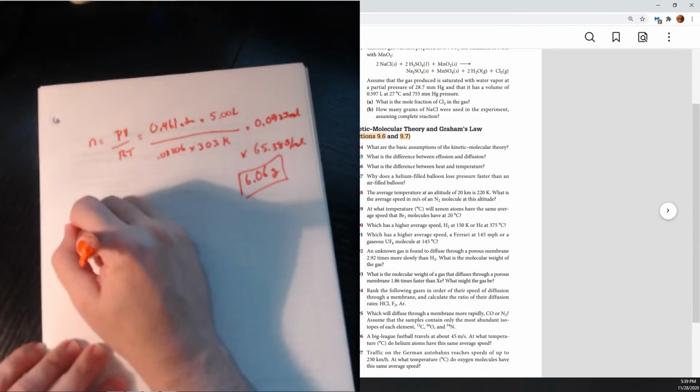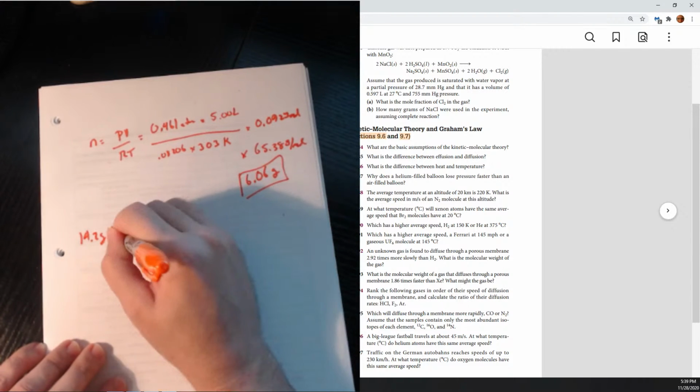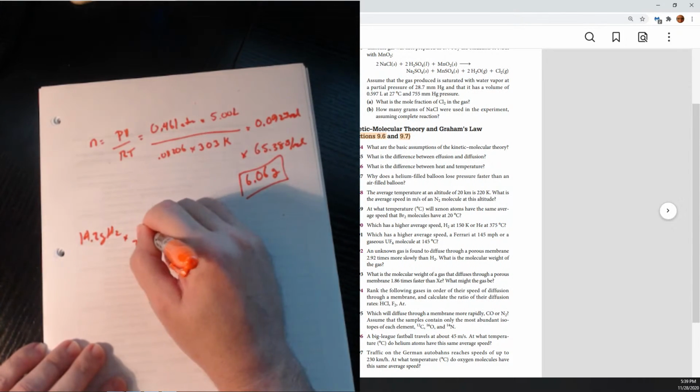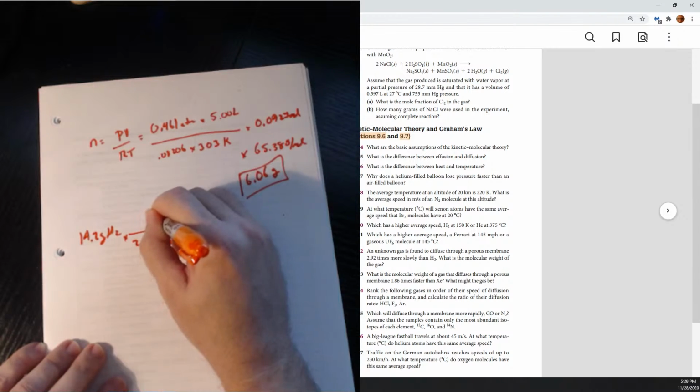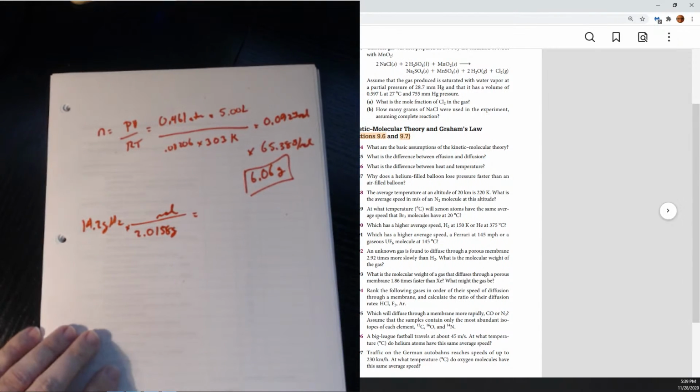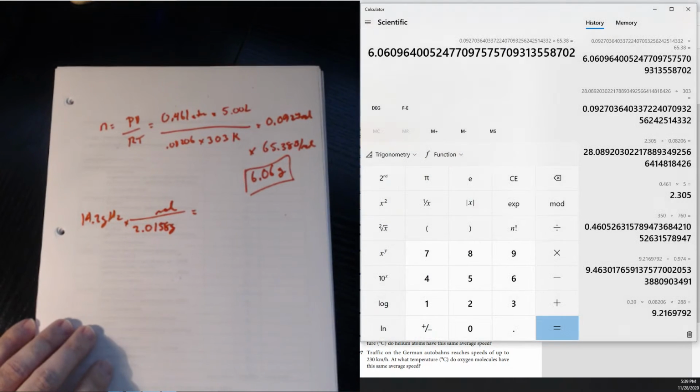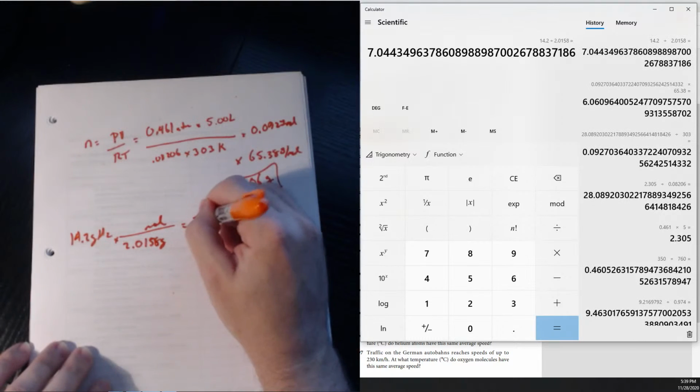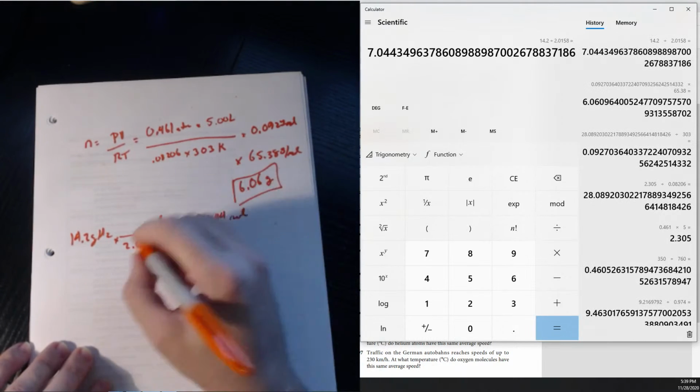All right, so 14.2 grams of hydrogen, 2.0158 grams per mole. 7.044 moles.